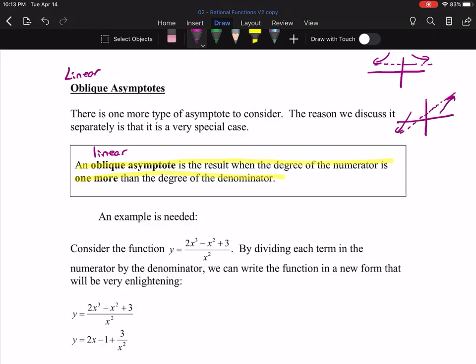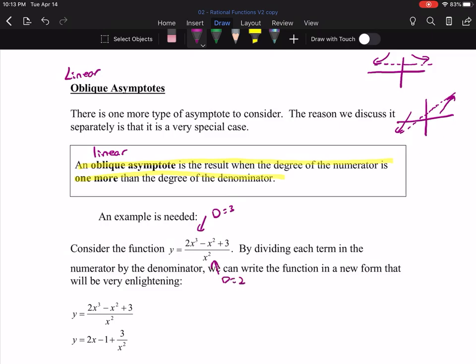But to make it clear why that's true, if you're wondering why it has to be 1 more, take a look at this simple example. Consider the function y equals 2x cubed minus x squared plus 3 over x squared. This fits the condition we just talked about. Degree on the top, 3. Degree on the bottom, 2.